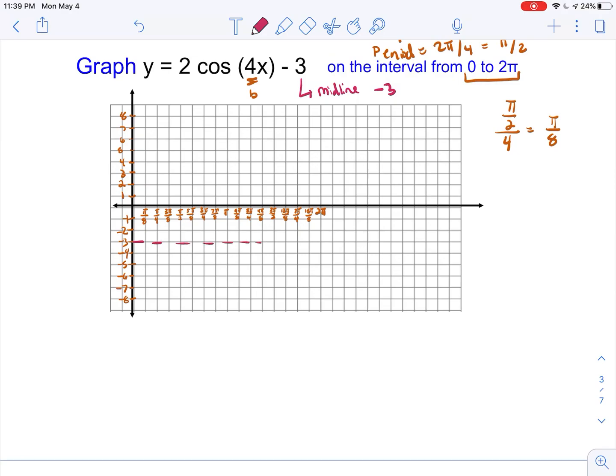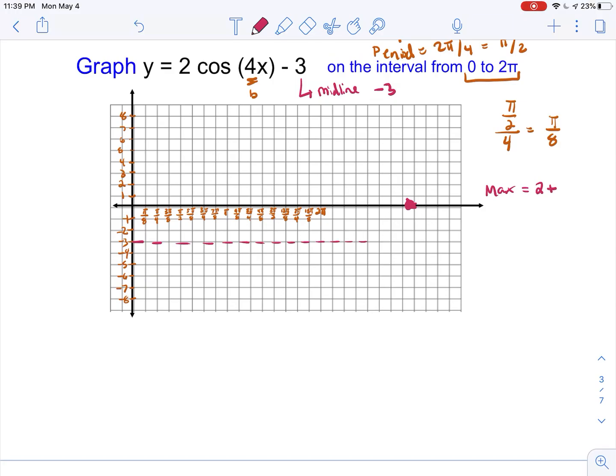We know that my midline is at -3. So that midline is going to be right about here. That means any points that would have fallen on my x-axis will now fall on my midline. Now what is my maximum value?